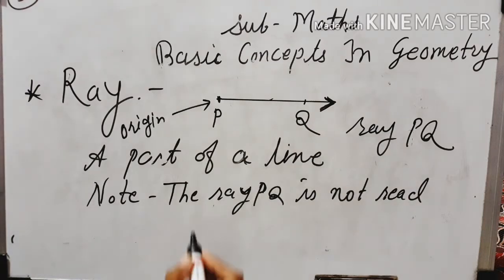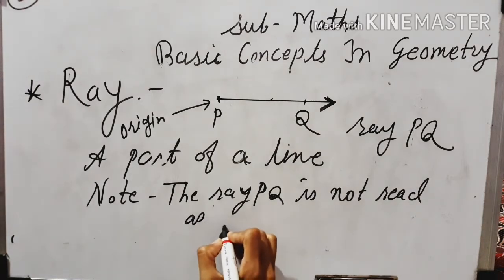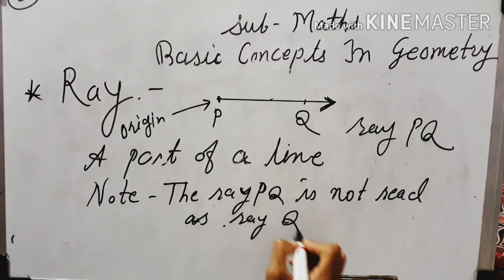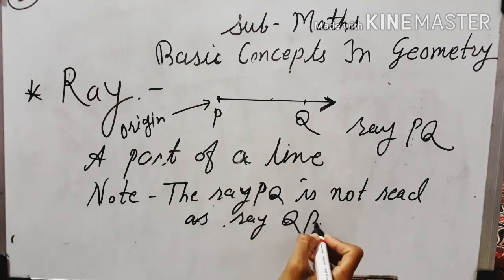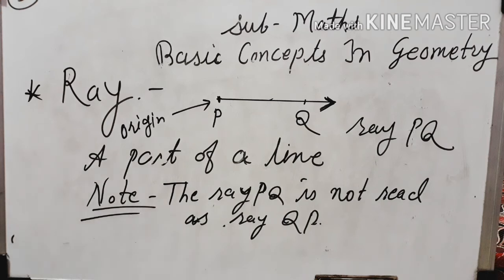So remember this point. The ray PQ is not read as ray QP. Why? Because it starts from its origin, and while reading, we read from its origin point only. So this is the ray PQ.